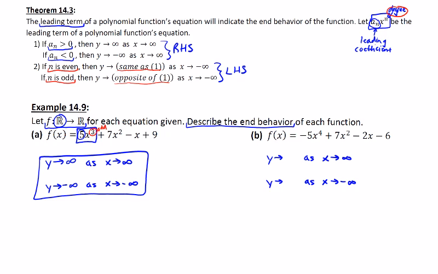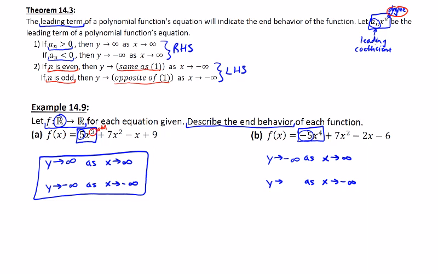Let's do the same thing for part B. In part B, we will identify the leading term as negative 5x to the 4th, and the leading coefficient is negative 5. So since the leading coefficient is negative, the y value has to approach negative infinity for the right-hand side. So the leading coefficient is always going to help you with describing the right-hand side end behavior.